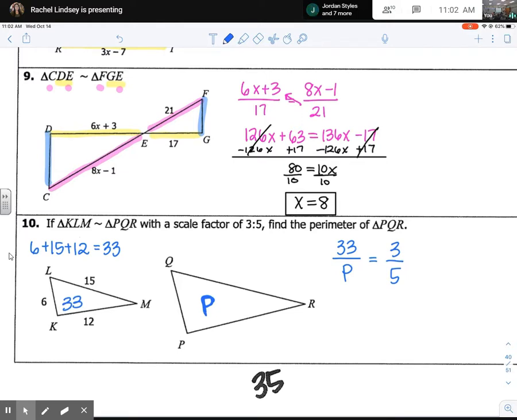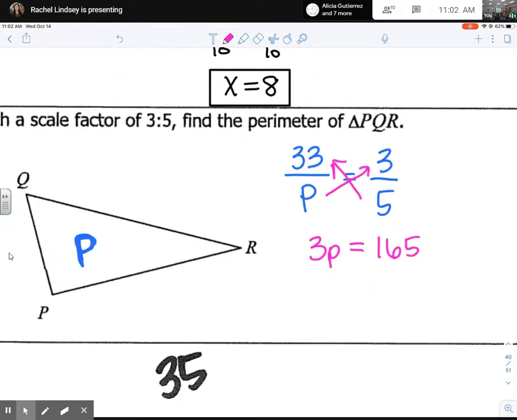So what we're going to do with that, then you're just going to cross multiply. So find the perimeter, set up a ratio with the perimeters, and then set it equal to the ratio. So 3P equals 33 times 5, which is 165. Then divide by 3, which equals 55.